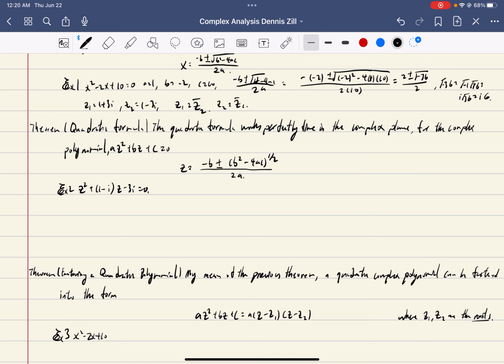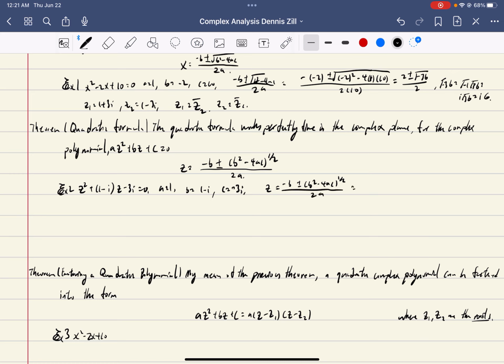Let's do this one. Now let's define a is equal to 1, b is equal to 1 minus i, and c is equal to negative 3i, right? And now we form the formula, the calculation, over 2a.